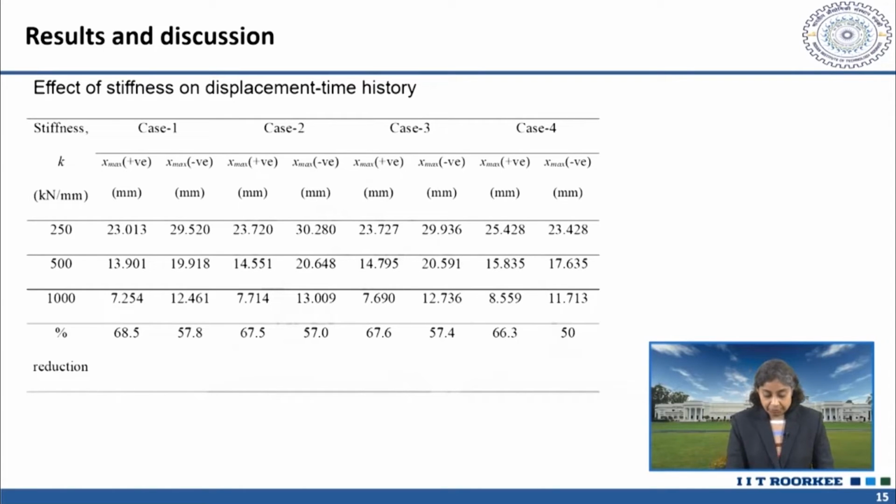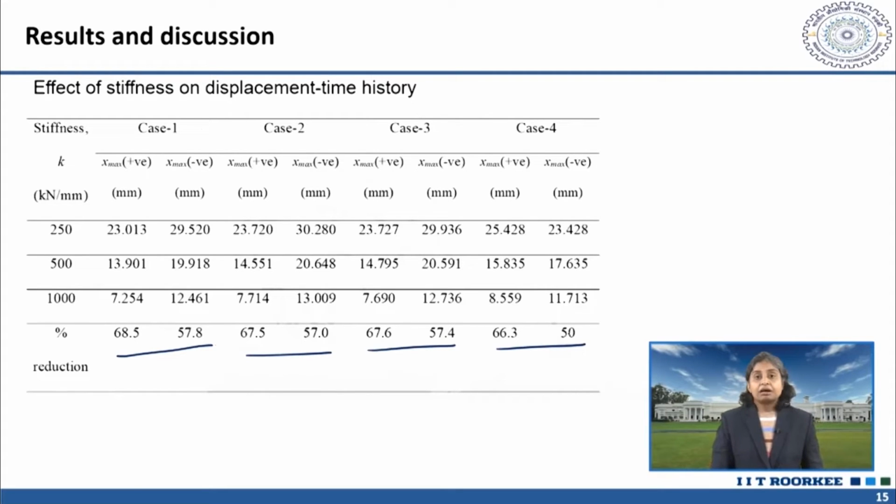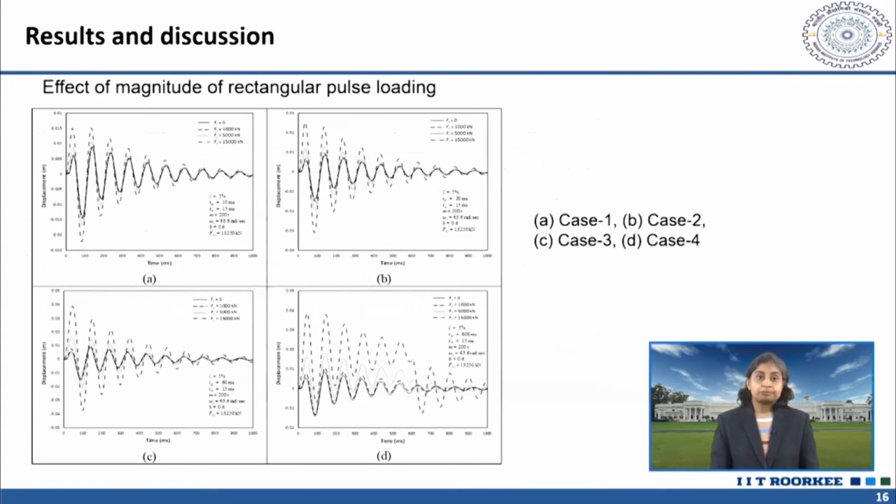We can see that in almost all the cases, positive as well as negative maximum displacement is reducing when the stiffness value is increased. We took typical values from 250 kilonewton per millimeter to 1000 kilonewton per millimeter, and tried to quantify; you can see the variation is from 50% to a maximum of about, let us say, 68 or 69% reduction.